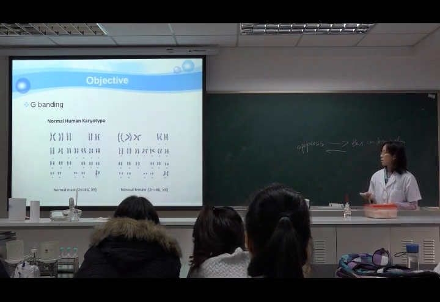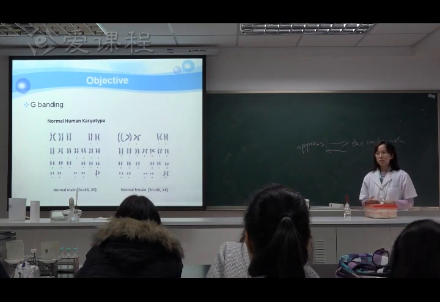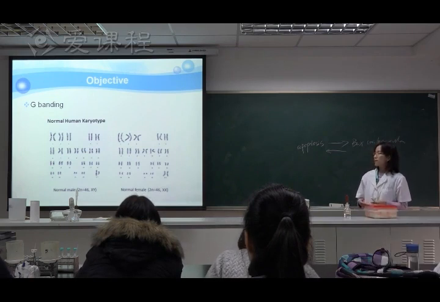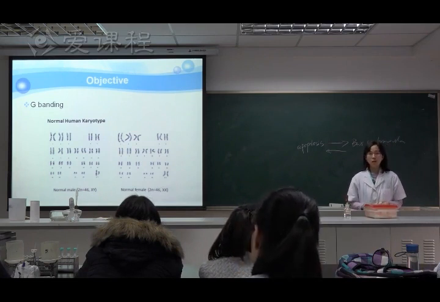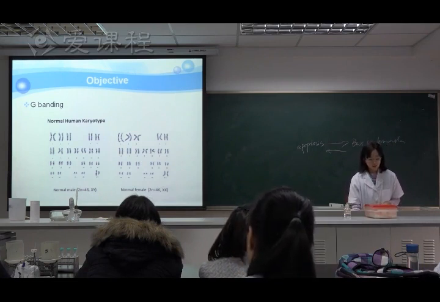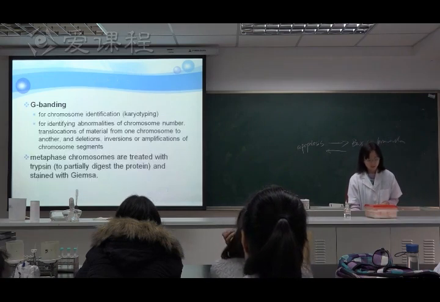One is a male and another is a female. We can compare the target chromosome pattern to this, and you will observe the differences, and you will get some clues from this.